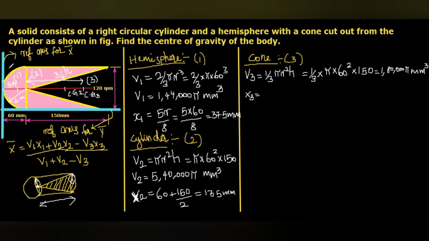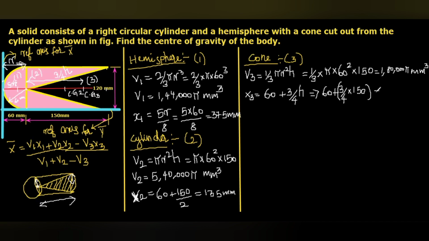So from here, this distance is radius, 60 mm. So that is 60 plus 3 by 4h. The h value is 150.